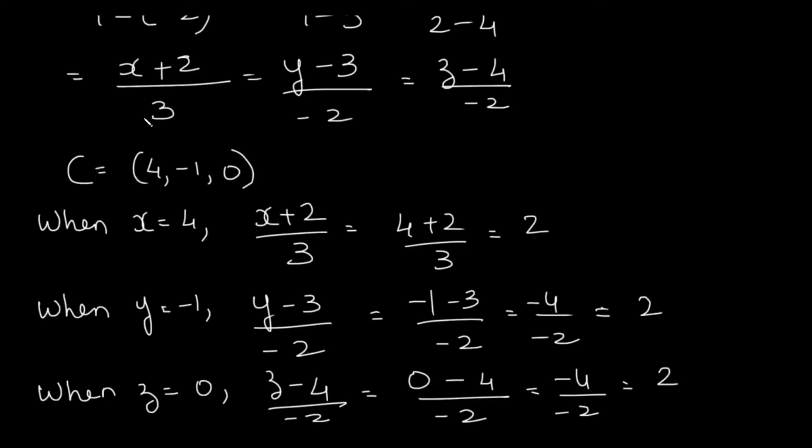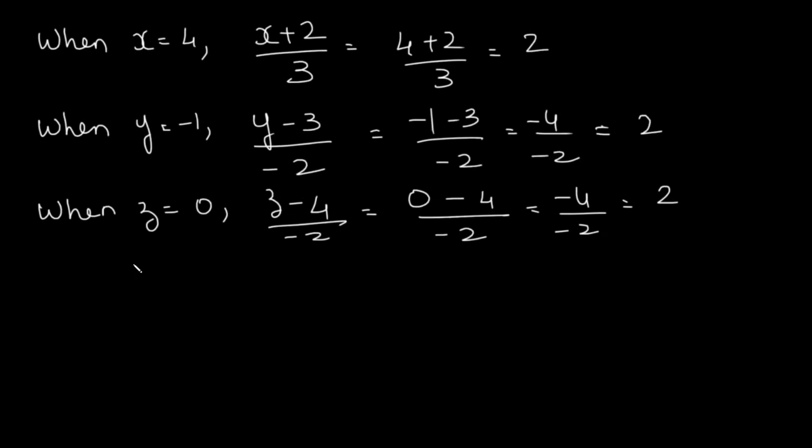That means what? C lies on the line passing through A and B. That means A, B and C are collinear. So let us write this properly.